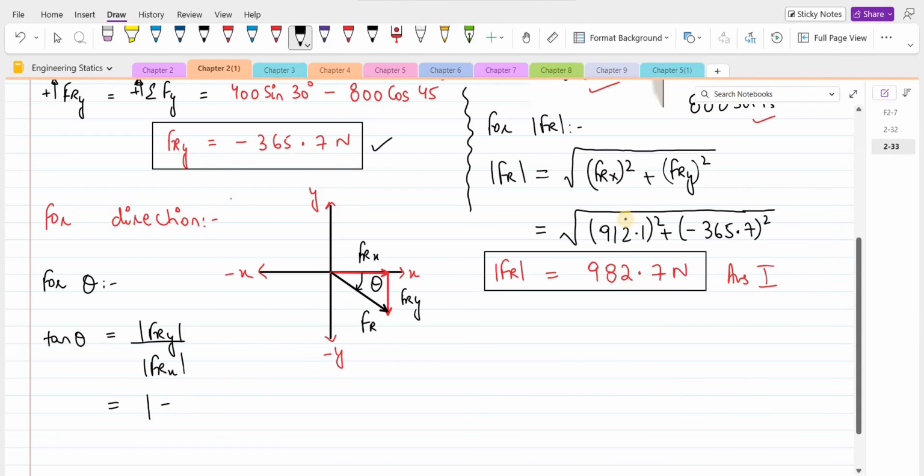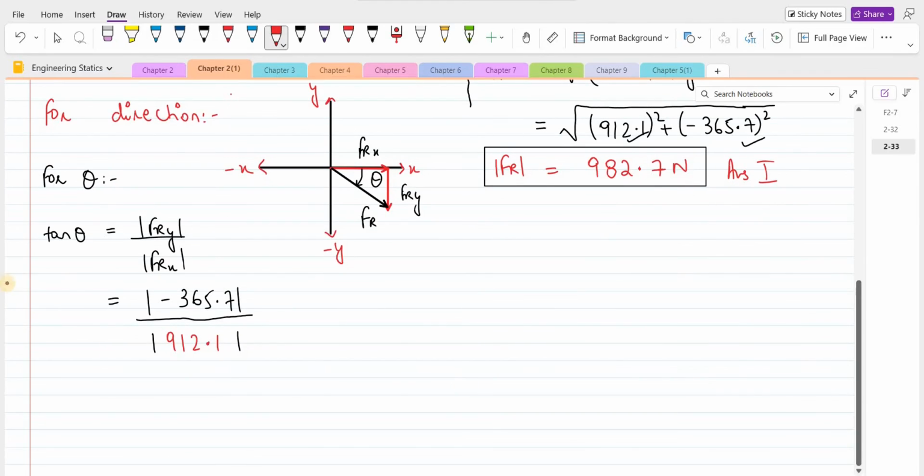So we have negative 365.7 divided by 912.1, and applying the modulus, tan theta is equal to 365.7 over 912.1.